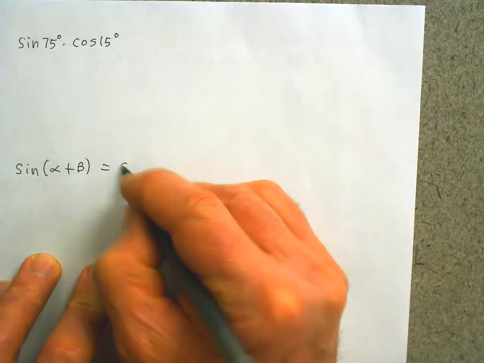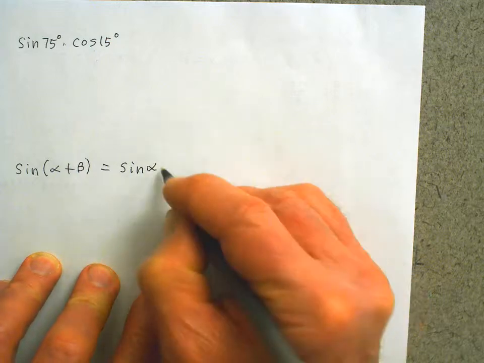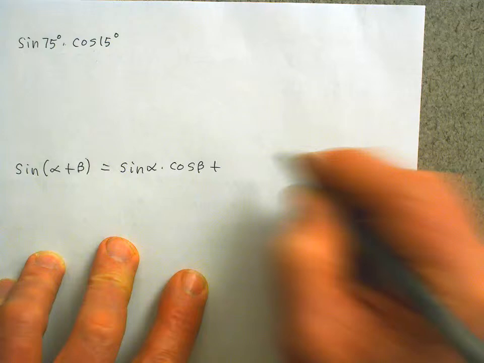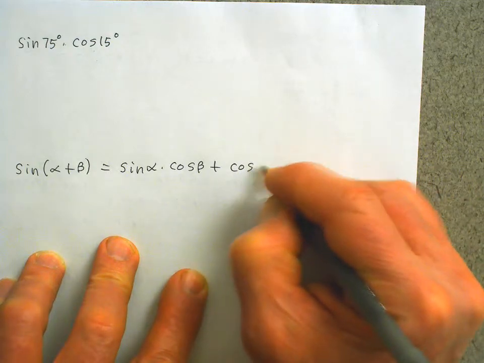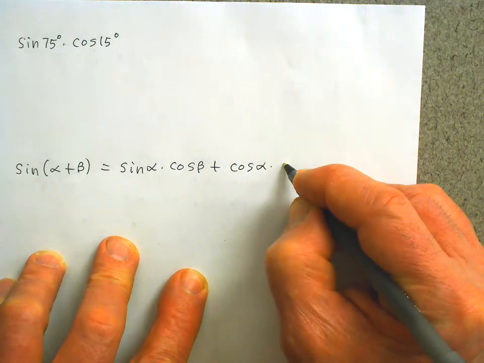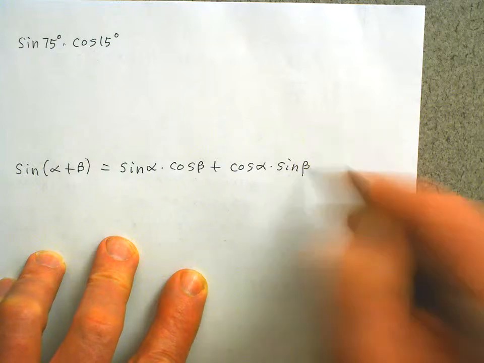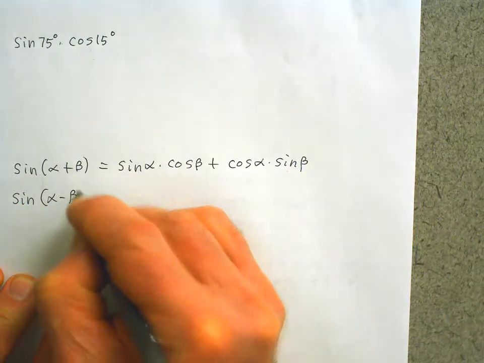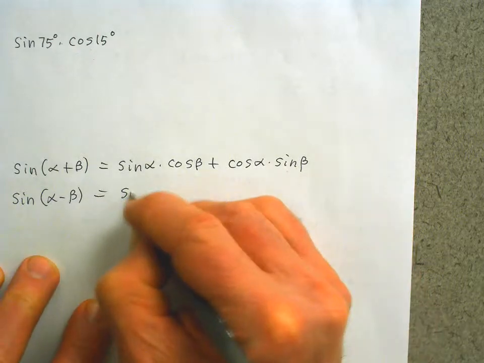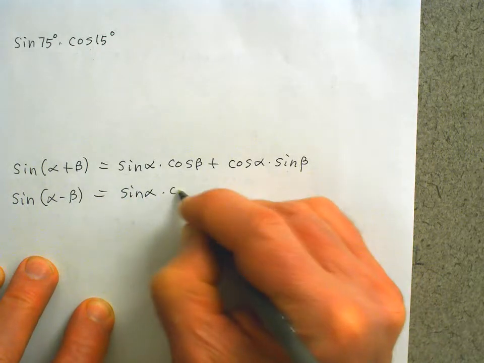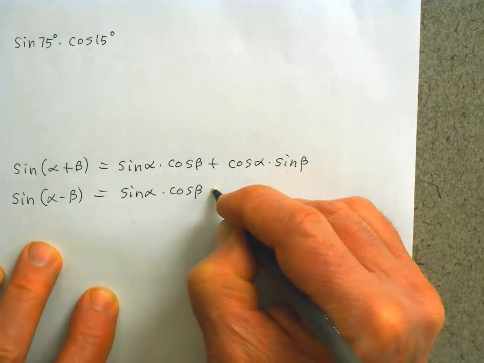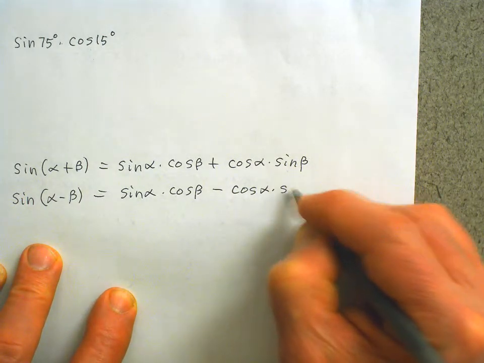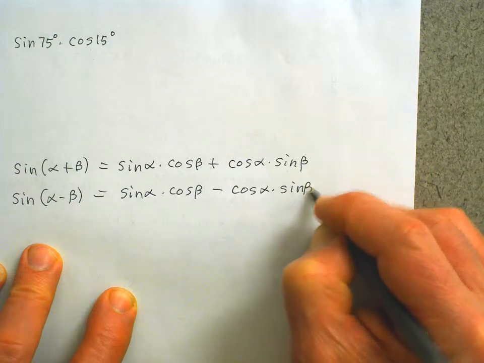So this is sine of alpha times cosine of beta plus cosine of alpha times sine of beta. And then the other one, sine of alpha minus beta. This is sine of alpha times cosine of beta minus cosine of alpha times sine of beta.